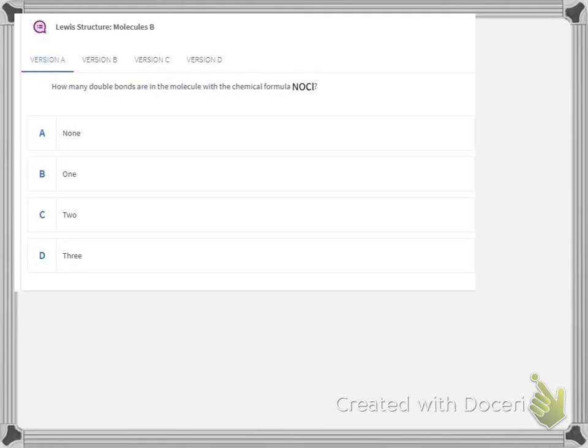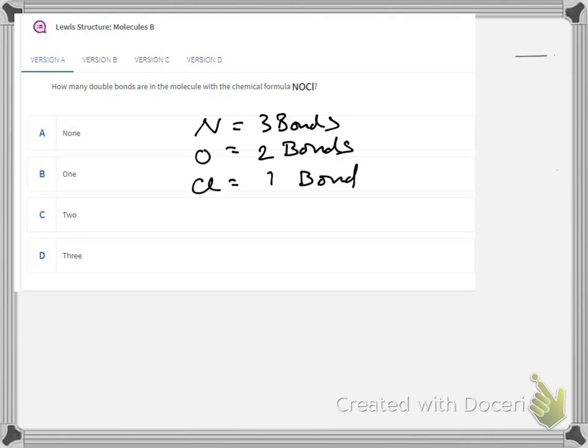Okay, so how many double bonds are in the molecule NOCl? Nitrogen is 3 bonds, oxygen is 2 bonds, and chlorine is 1 bond, and we get that from the periodic table. First we put the atom with the largest bonding capacity.